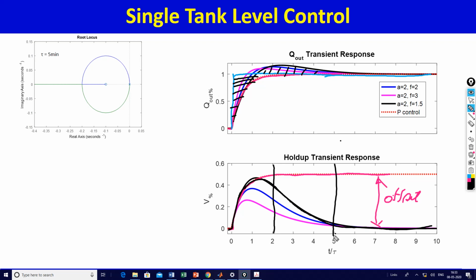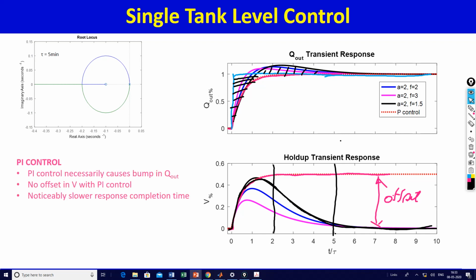From these simple arguments, what we see is that PI control necessarily causes a bump in Q out in order to drive the level back to set point, and of course there is no offset in the hold up with PI control. However, the response is noticeably slower.